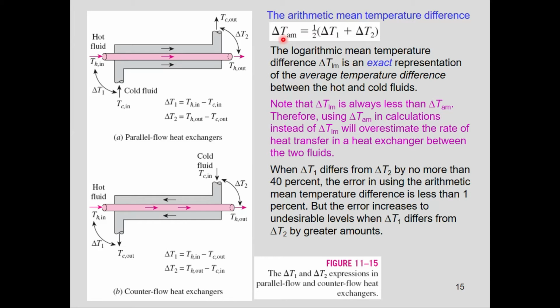We will ultimately get the temperature that is called the arithmetic mean temperature difference. So it is the mean or the average temperature difference, while the expression that we developed in the previous slide, the logarithmic mean temperature difference, which is represented by delta T_lm, is obtained by tracing the actual temperature profile of the fluids along the heat exchanger and is an exact representation of the average temperature difference between the hot fluids and the cold fluids, and it truly reflects the exponential decay of the local temperature difference.